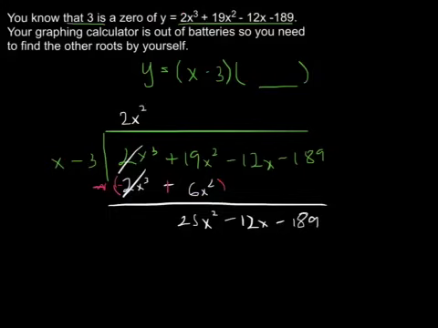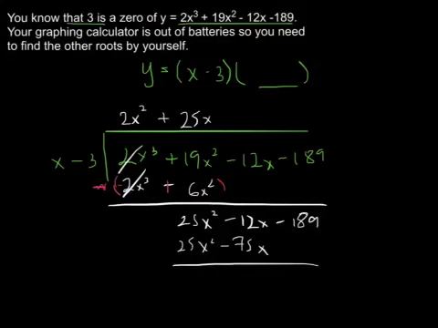Alright, so now let's think about x will go into 25x squared, 25x times, multiply out, and we get 25x squared minus 75x, and we will continue to subtract and end up with 63x minus 189.